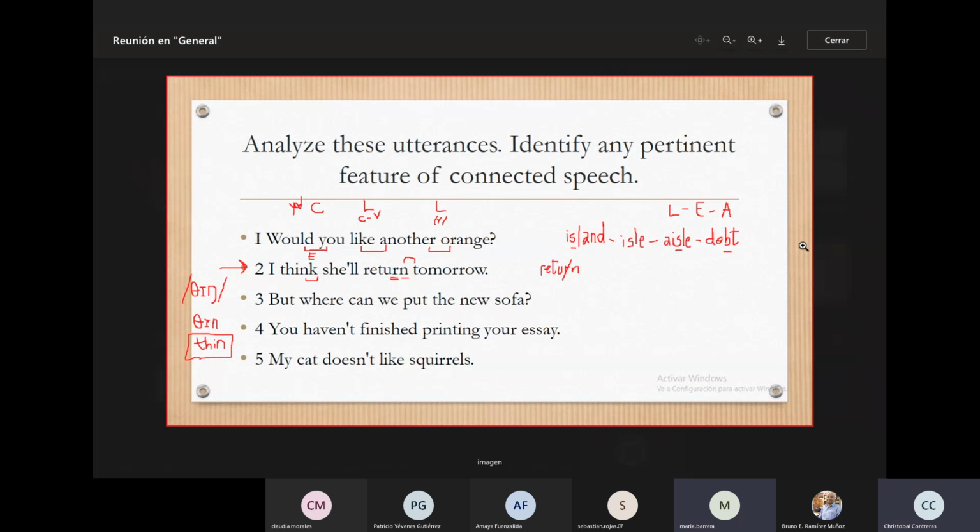Okay, in which direction? The n and the g sound, it's not like printing. Yes, it's not printing, right? So how do we call that? Regressive assimilation. Yeah, exactly. It is a regressive assimilation.